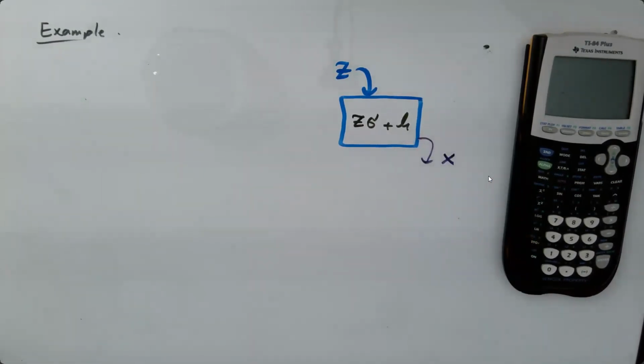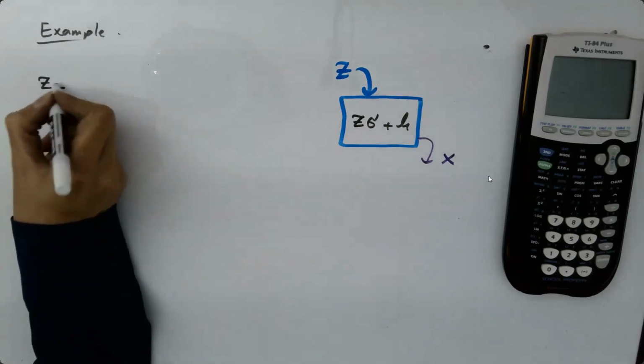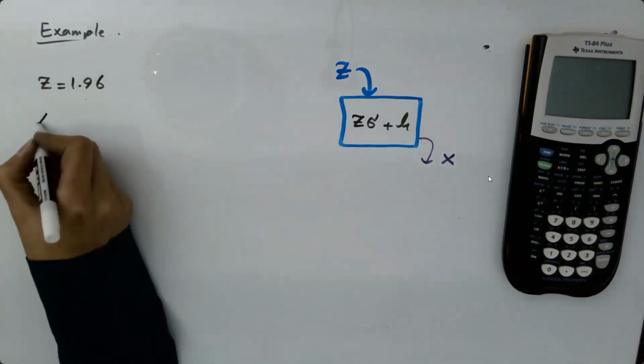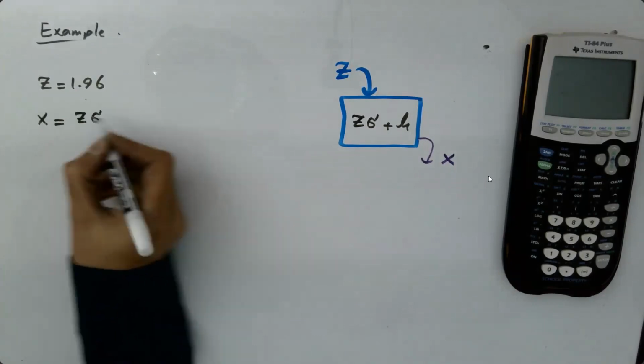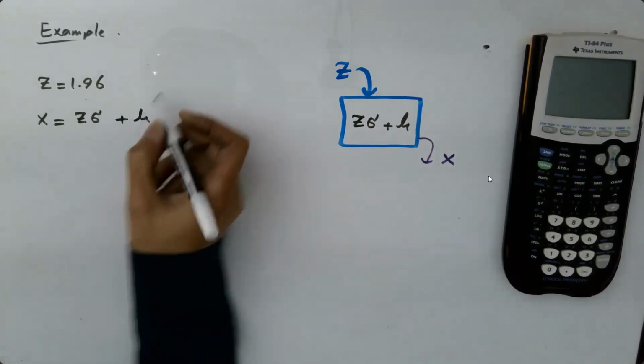Okay. What is the first z value? The very first z value is 1.96. So what is x? X is z times sigma plus mean. But do I have information about the mean?